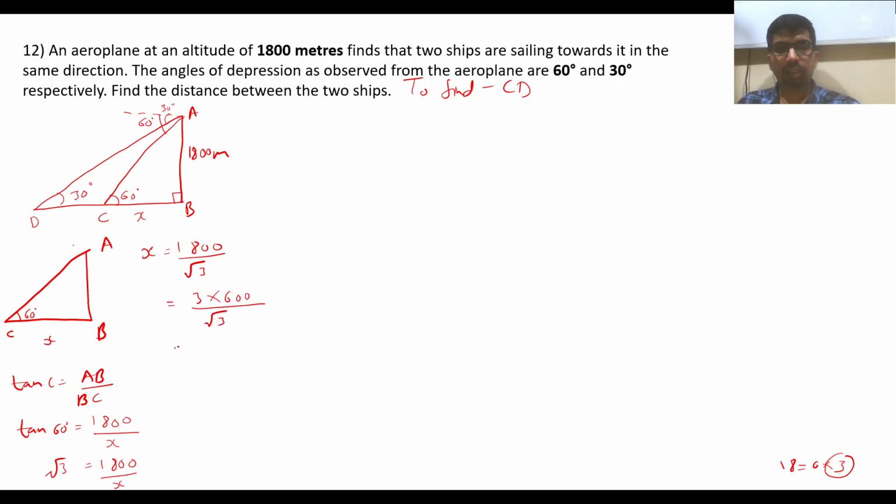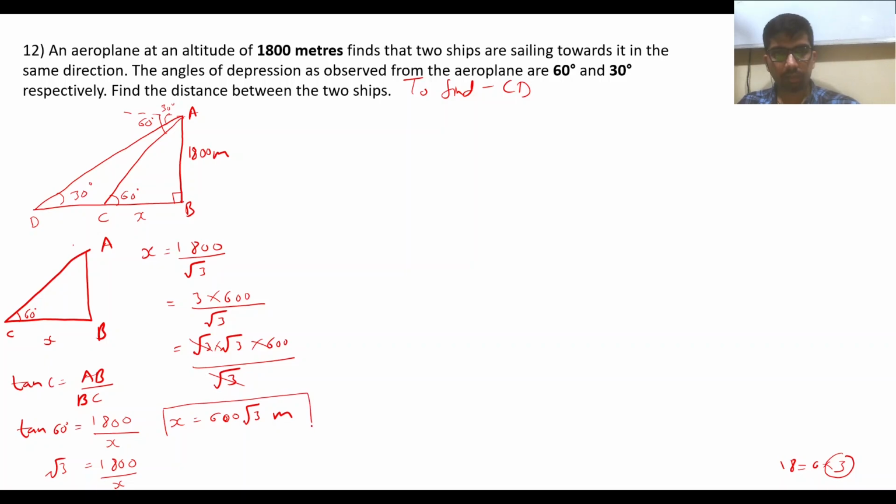This is correct. Again, split the 3. Write 3 as root 3 into root 3. Okay. Into 600. Root 3 cancel. We get X as what? 600 root 3 meters. So X is 600 root 3 meters.